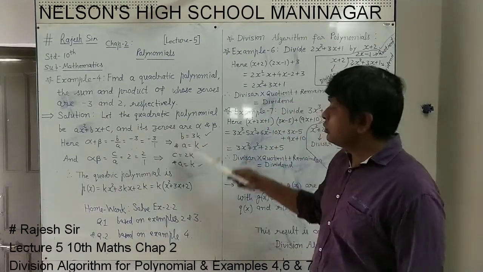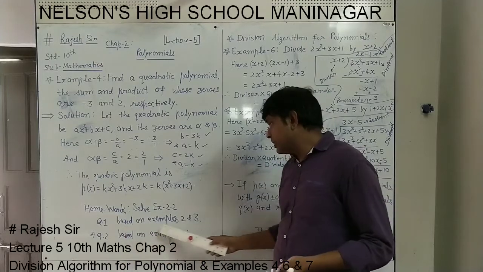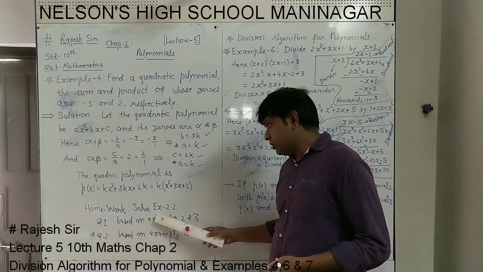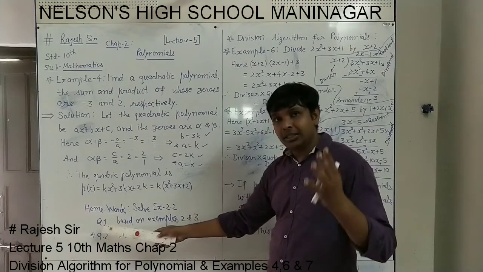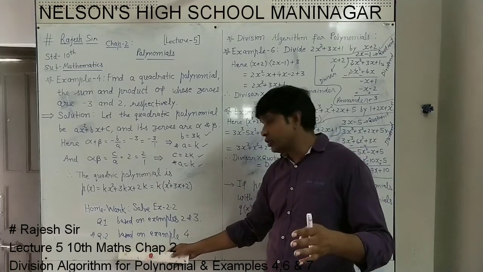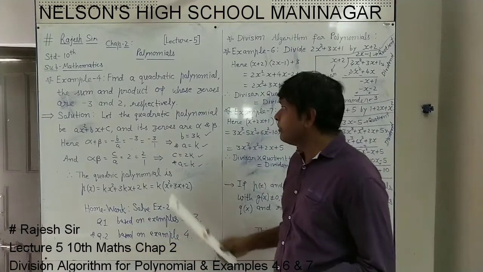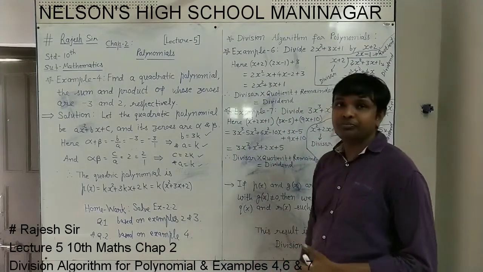Question 1 is based on example 2 and 3. So for homework you have to complete exercise 2.2, where question 1 has 6 questions based on example 2 and 3, and question number 2 again has 6 questions based on example number 4. So very simply you can solve it. So this is your homework, to complete exercise 2.2.